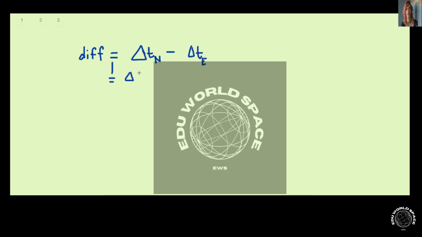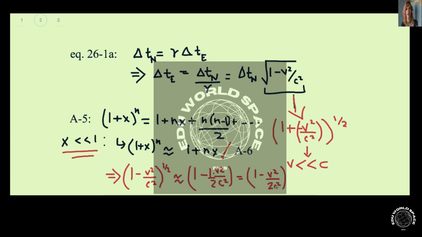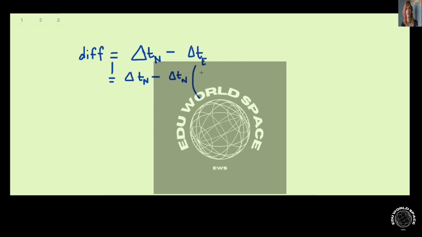And so you have delta Tn minus delta Tn times 1 minus v squared over 2c squared. Awesome. And so you notice that a delta Tn factor cancels out, and so you're left with delta Tn times v squared over 2c squared.